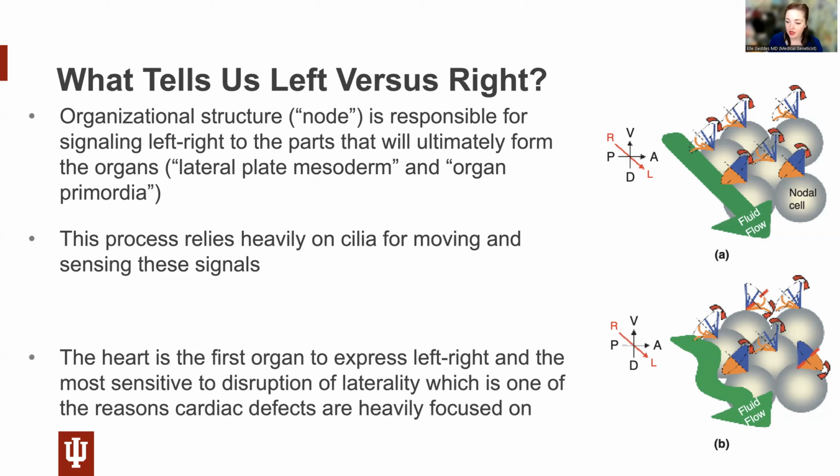And something that I think is important to understand, but also sometimes a frustration in the heterotaxy community, is that the heart is the very first organ that expresses left versus right. And it also ends up being one of the most sensitive to disruption of left versus right.